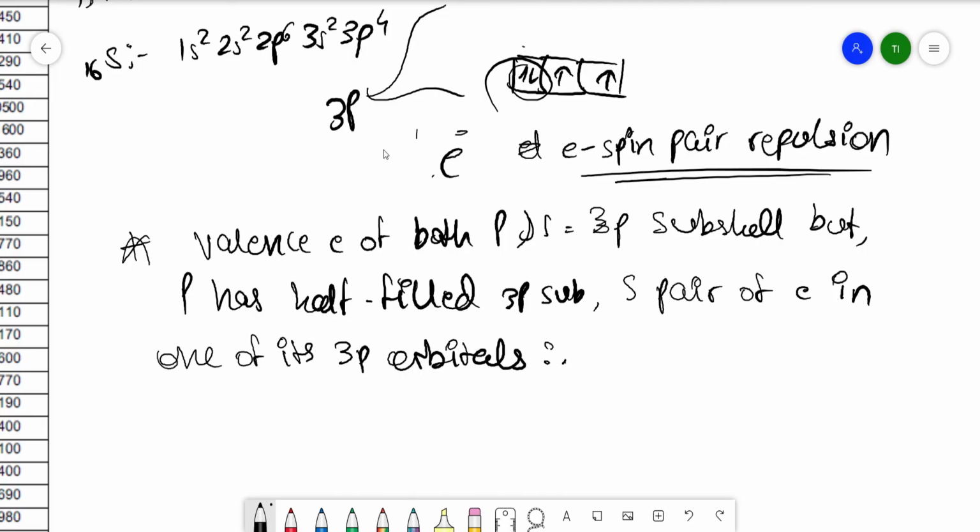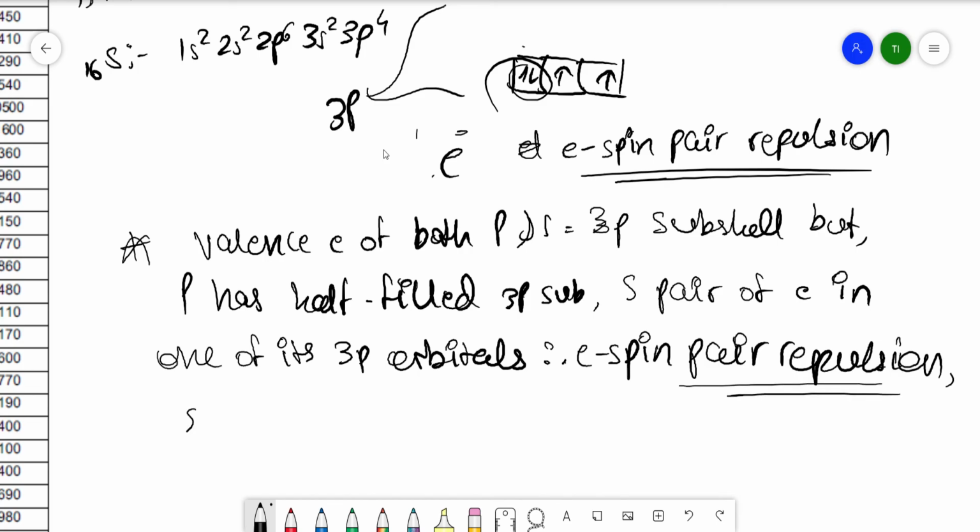Therefore, electron spin pair repulsion, and this term is very important, so lower first ionization energy.